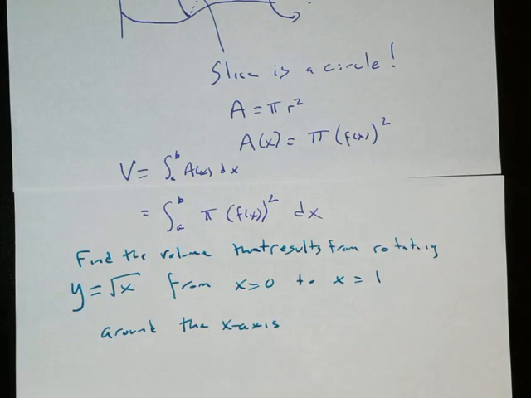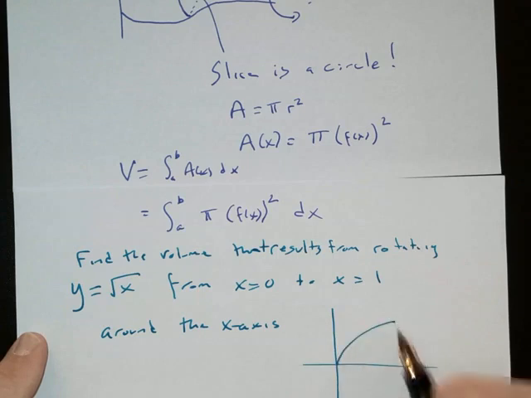So now, what's my shape look like? Graph of the square root of x looks like this.